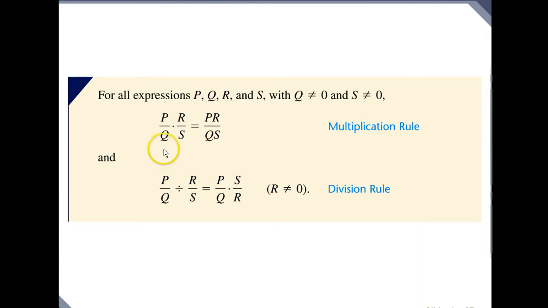The basic rule for multiplication is we multiply the numerators, multiply the denominators, and if you can't cancel anything out, that's going to be your answer. Now in division of fractions, the rule is we change the division sign to multiplication and take the reciprocal of our second term.